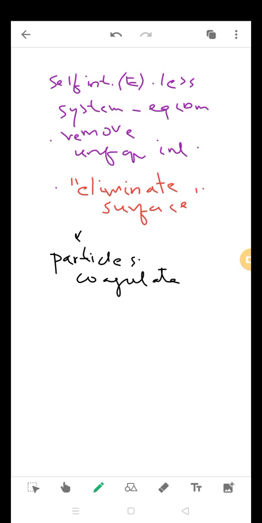So basically, there are three things that can happen. Either it's coagulation, or it can be flocculation, or sedimentation.